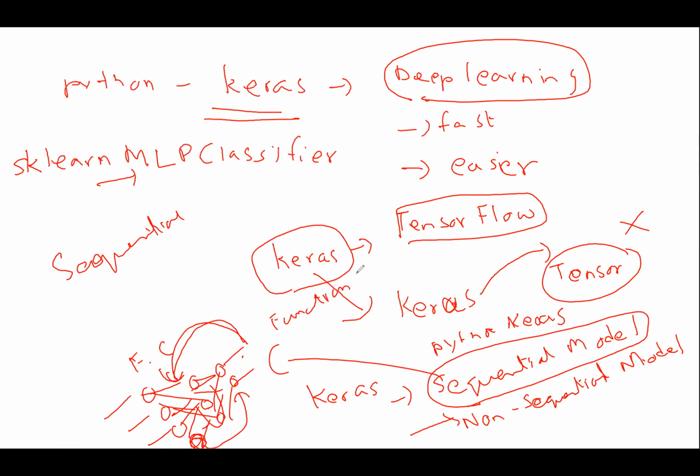This is probably a next level class and won't come under an introduction to machine learning, but I'm telling you this in case in the future you end up coding RNNs and stuff like that, where you'll have to use non-sequential models.